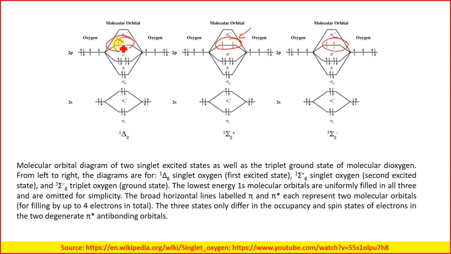But these are coming from two separate oxygens. Now herein, when these are coupling and cancelling each other's magnetic field, in this 1 delta G case, we do not get any magnetic field due to the spin component.